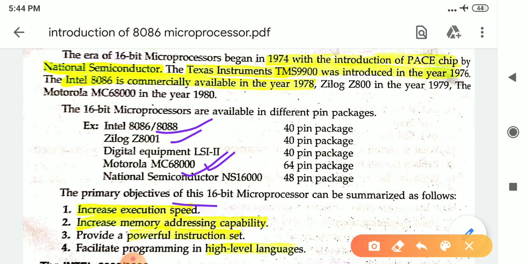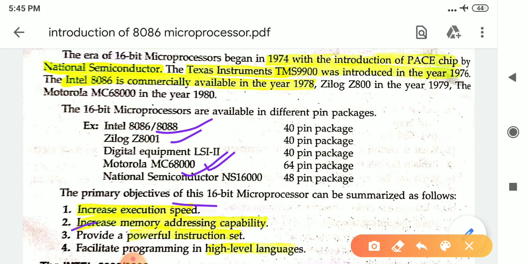The primary objectives of the 16-bit microprocessor can be summarized as follows. First, increase the execution speed. Previously we used the 8085, the 8-bit microprocessor, and we faced some problems, namely low execution speed. This problem is solved by the 8086 16-bit microprocessor, which has increased execution speed.